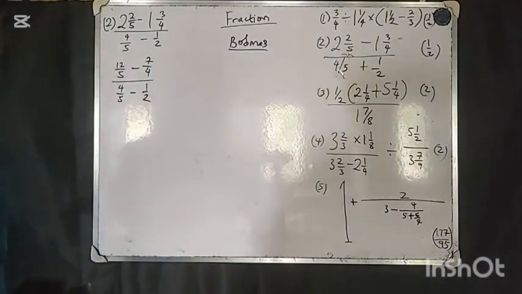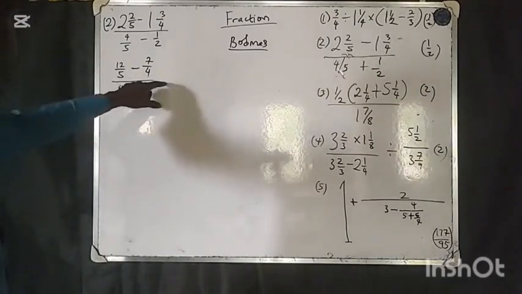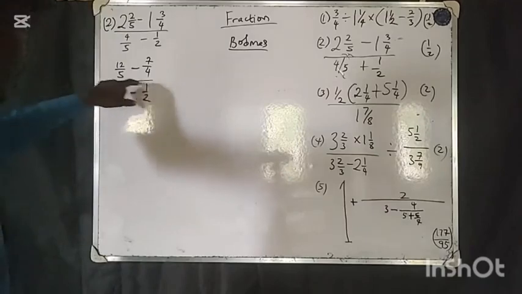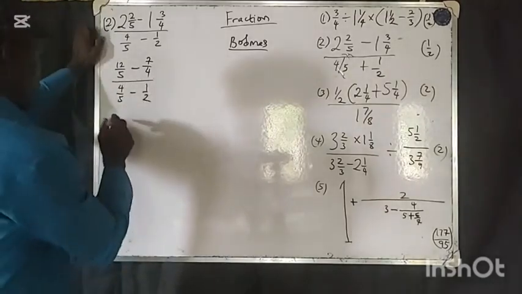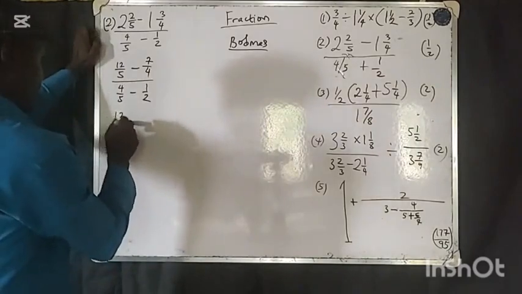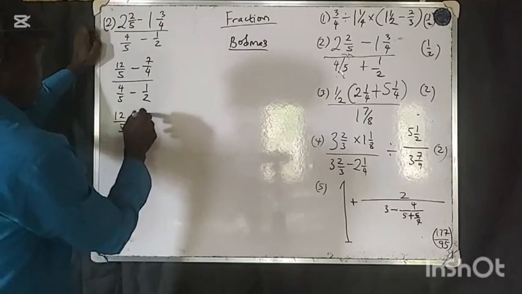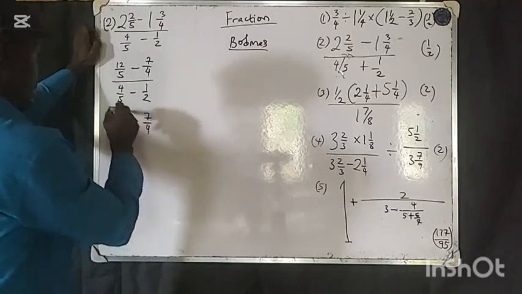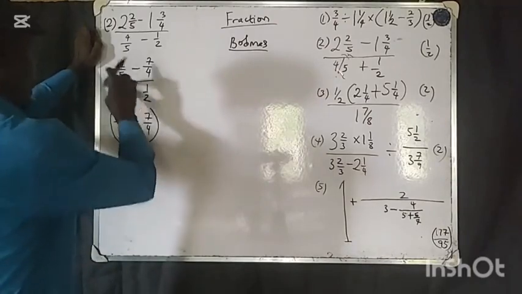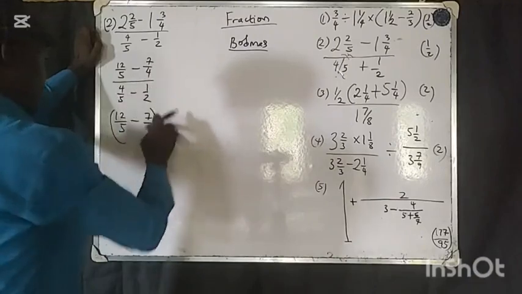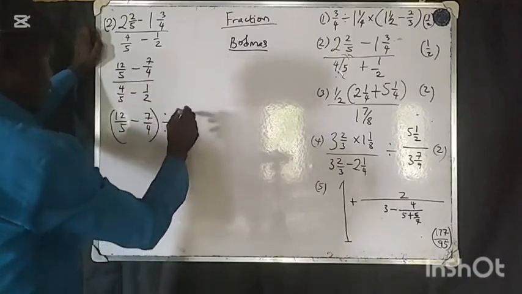So having done that, let's change this line from a division line to a division sign to solve everything at once. So we write 12 over 5 minus 7 over 4, all over, or divided by, this.